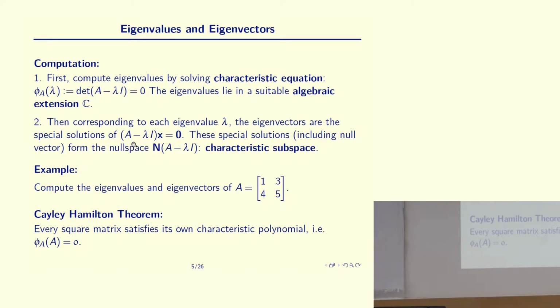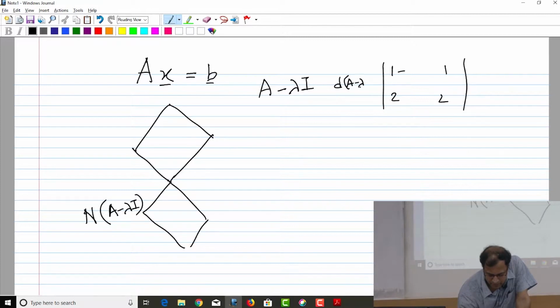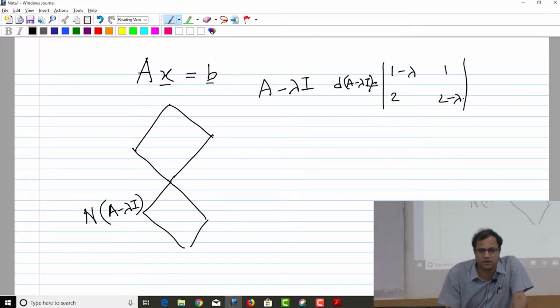If you expand this only for 2 by 2, I have a matrix 1 1, 2 2. Then I find the determinant of A minus lambda I, equal to (1 minus lambda)(2 minus lambda). What will be the degree of this polynomial? 2, right?